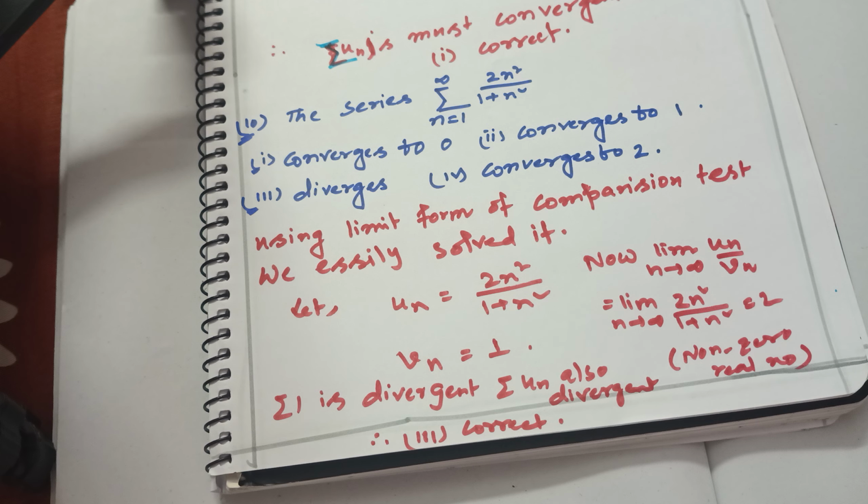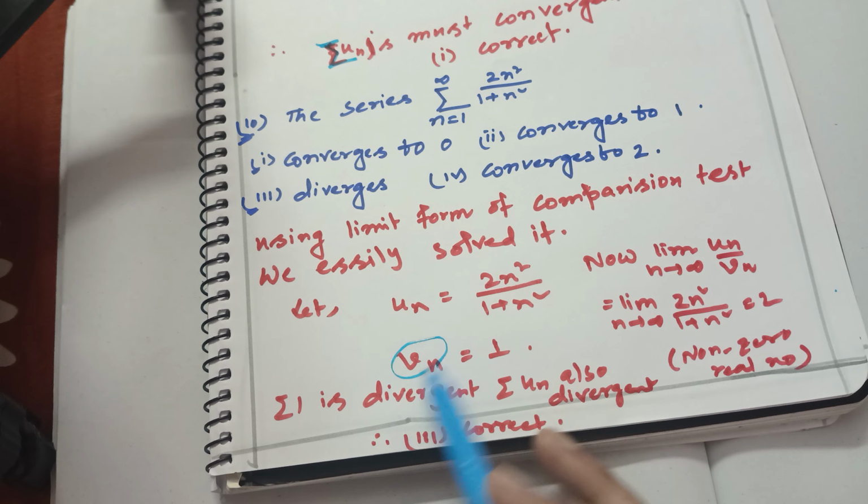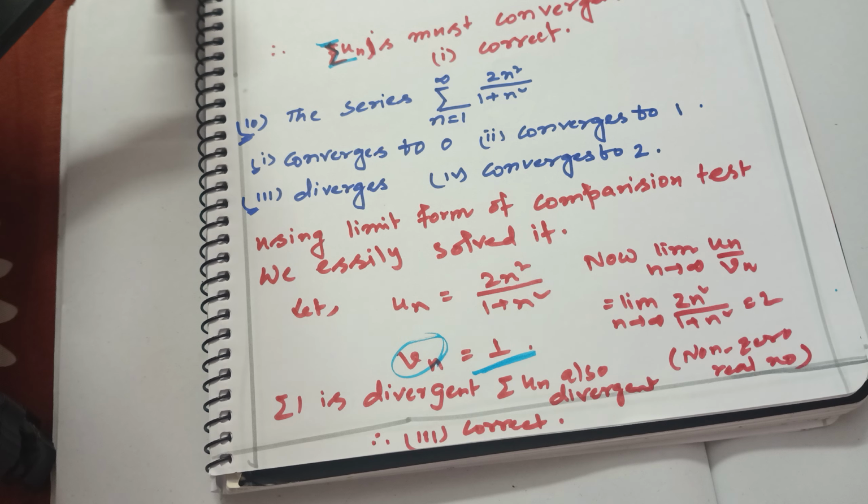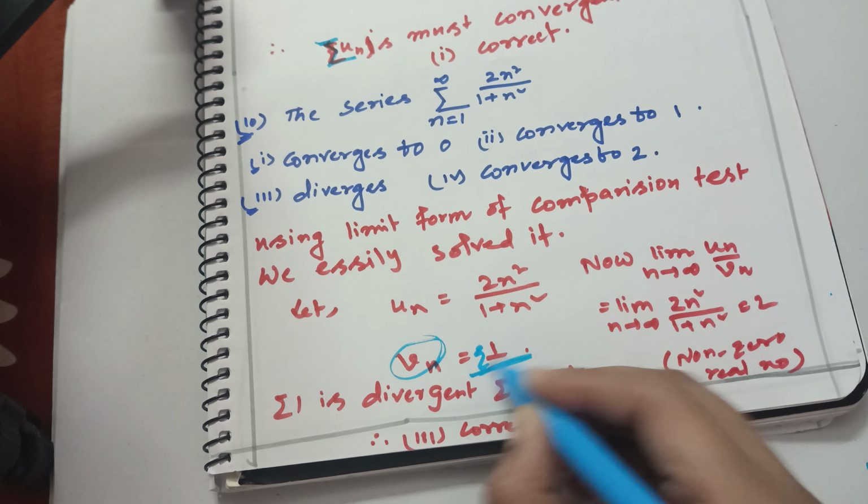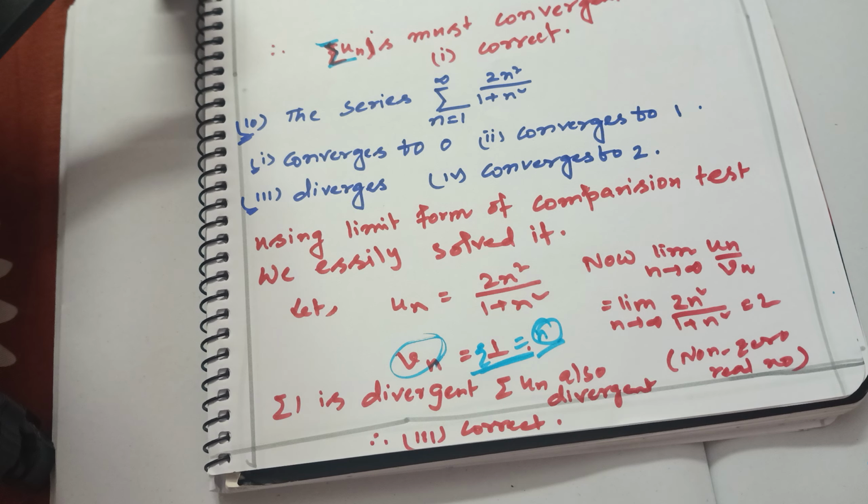If we find a non-zero real number, then either both series converge or both diverge. Here the summation of v_n is the summation of 1, which is divergent, so obviously the summation of u_n is also divergent.